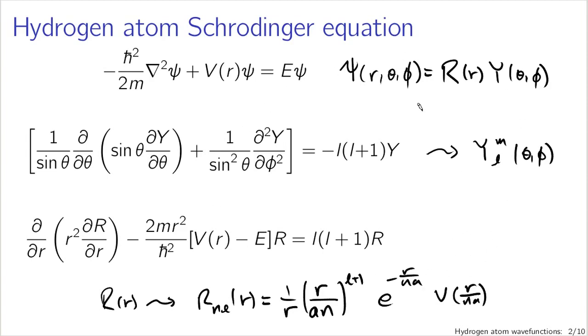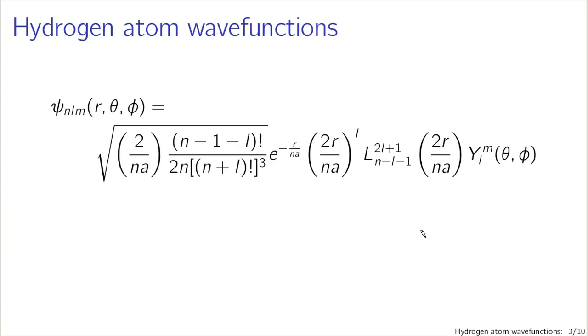So we have a great deal of math here. Let's see what this math actually looks like. Messy. The final normalized hydrogen atom wave function has 3 quantum numbers, n, l, and m. The energy associated with this is given only by the n quantum number. The l and the m come from our spherical harmonic portion.